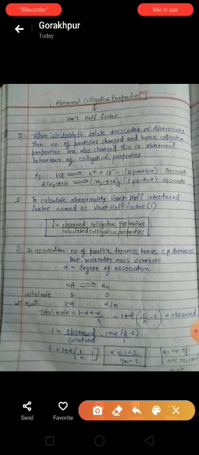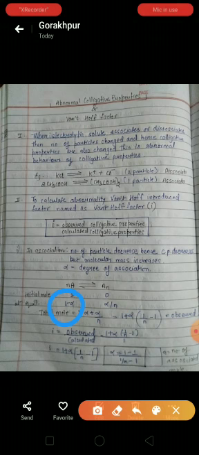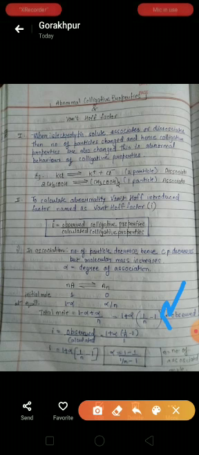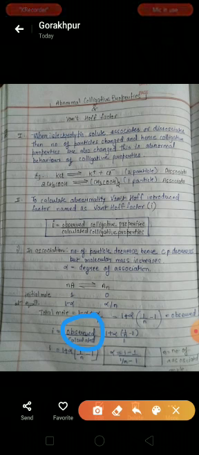Total number of moles becomes 1 minus alpha plus alpha by n, and taking alpha common, it becomes 1 plus alpha (1 upon n minus 1). As we know, i is equal to observed colligative property upon calculated colligative property.